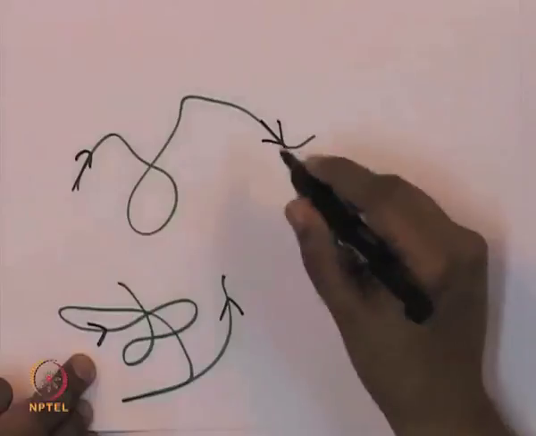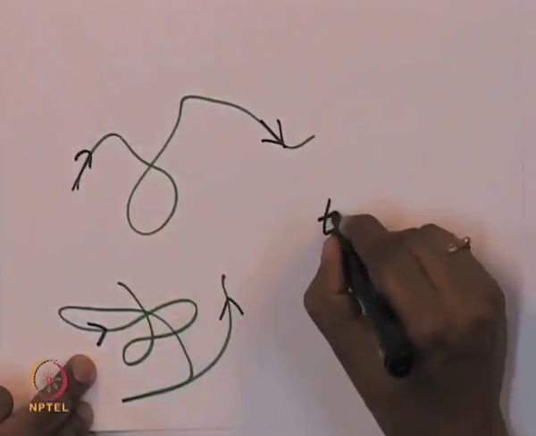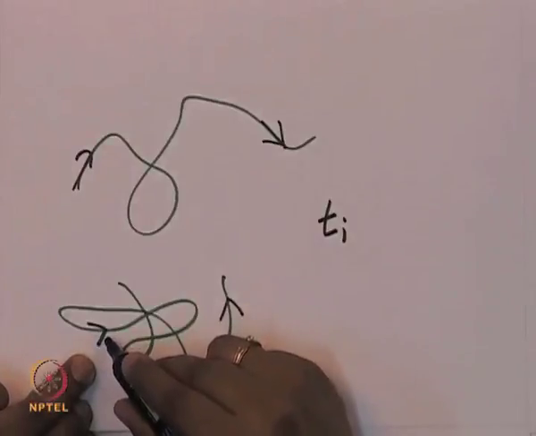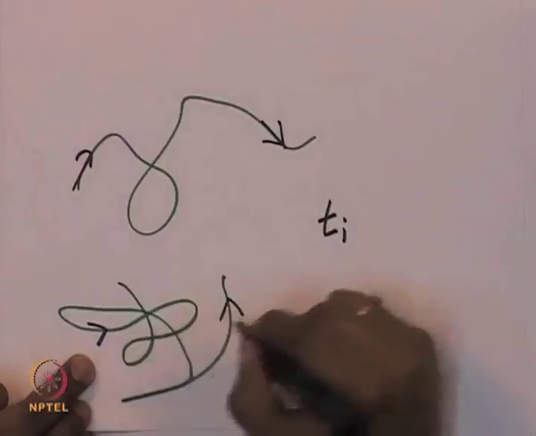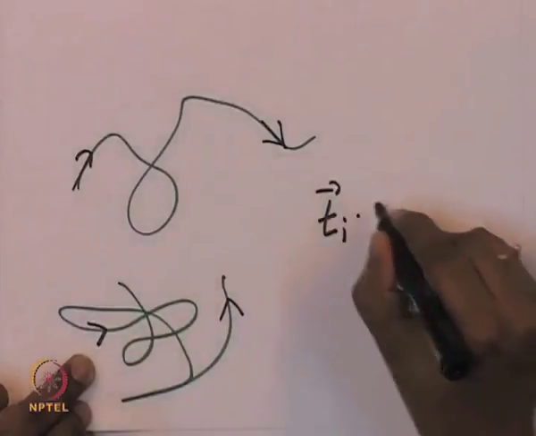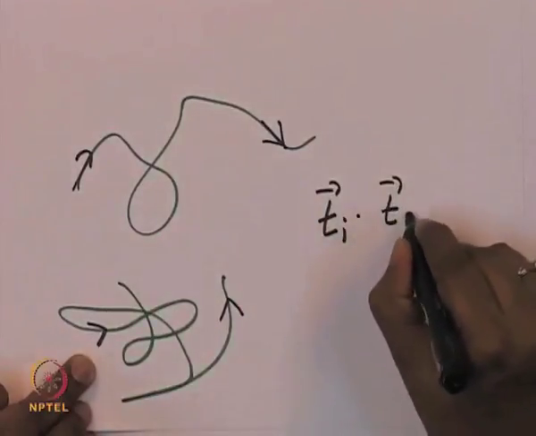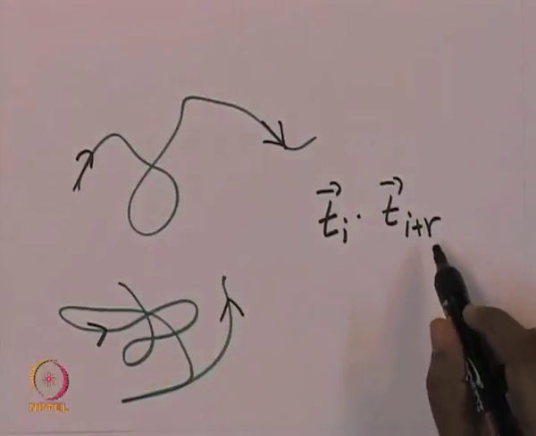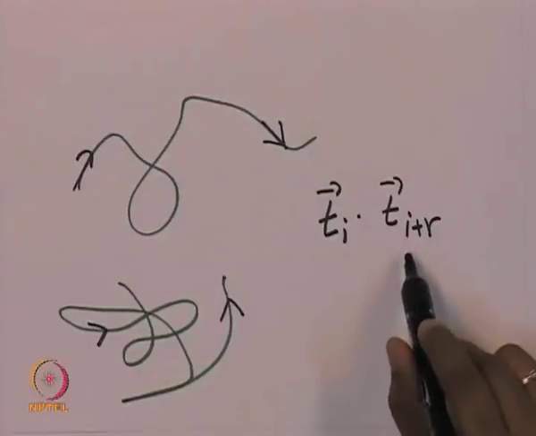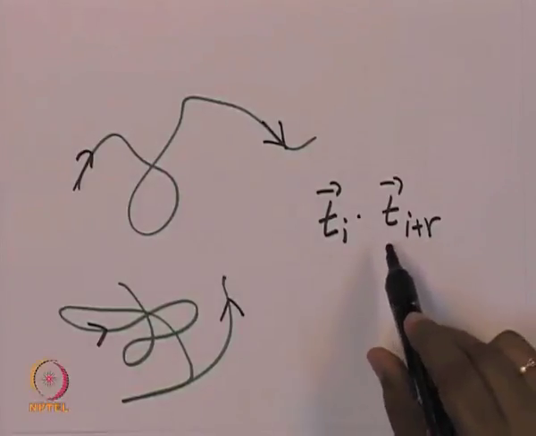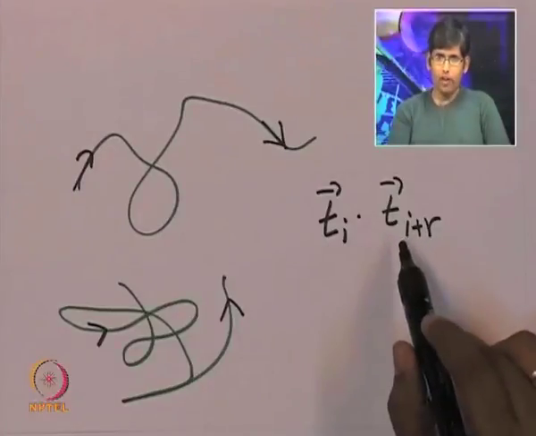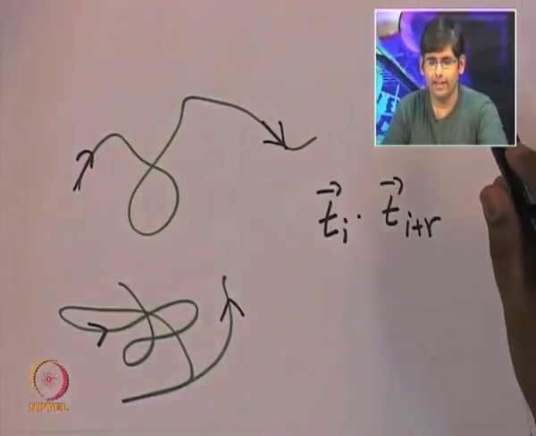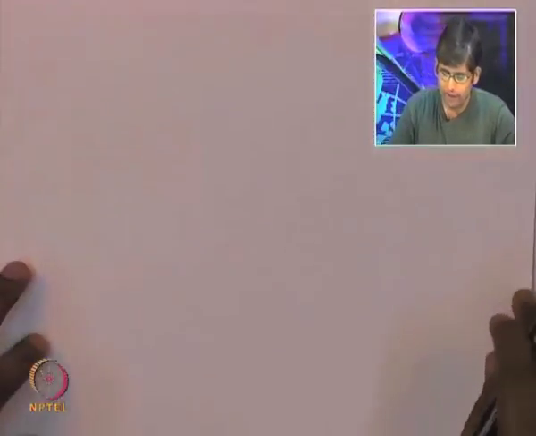So, if you think of many such conformations and you take some tangent, the ith tangent, and then you take some other tangent far away, at i plus r, and find the dot product of these tangents.